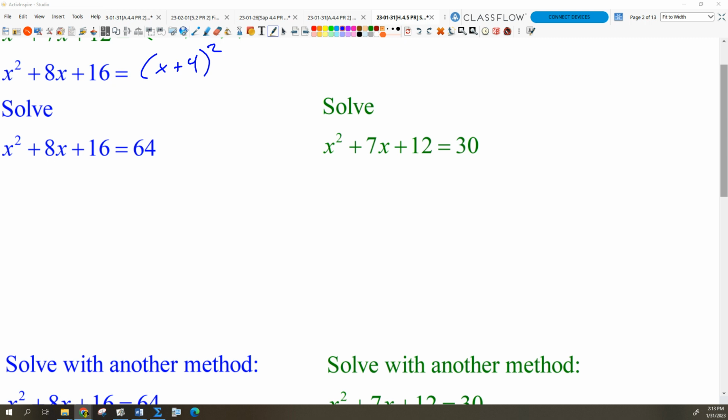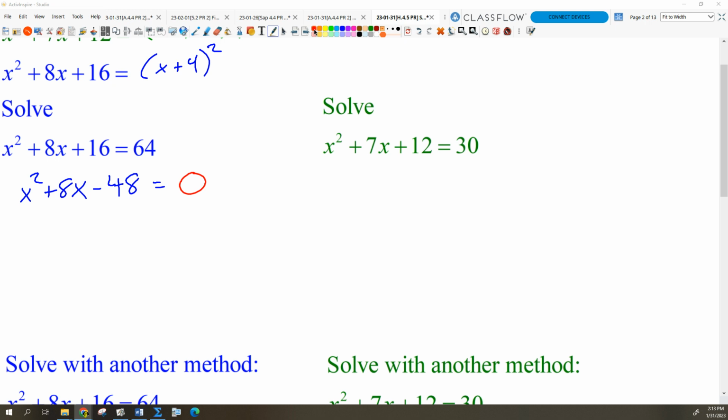So if we subtract 64 from both sides, what are we going to get? Minus 48? Okay, now what? Okay, there you go. Positive 12, negative 4. Good.